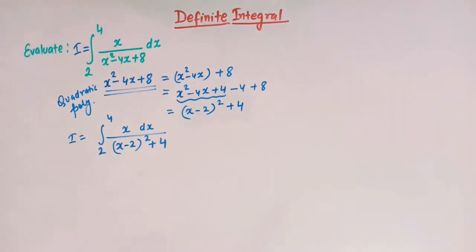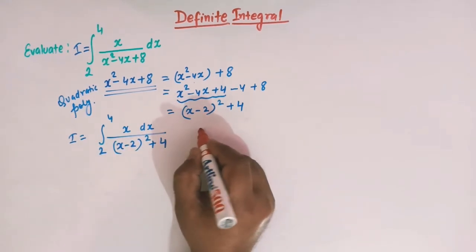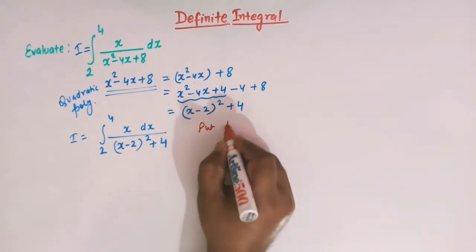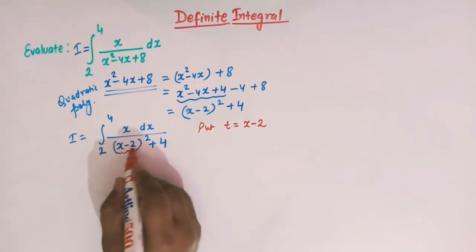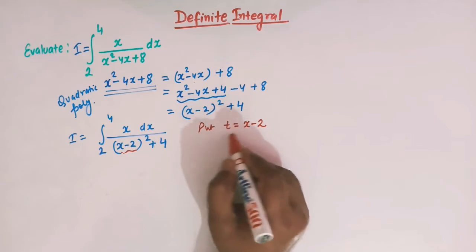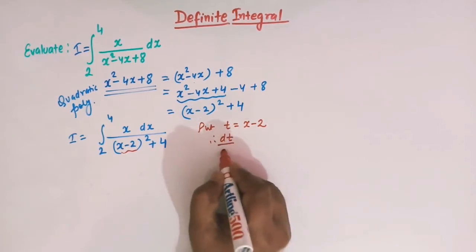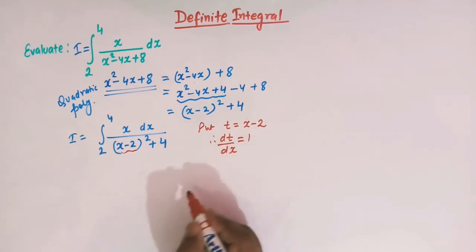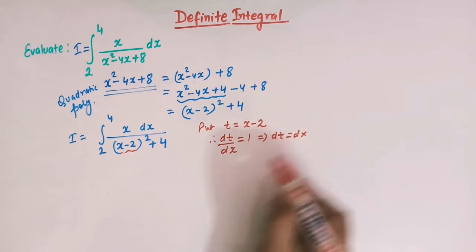Now we'll take the help of the method of substitution. So here we'll put t is equal to x minus 2, and therefore dt over dx is equal to 1, and we have dt is equal to dx.